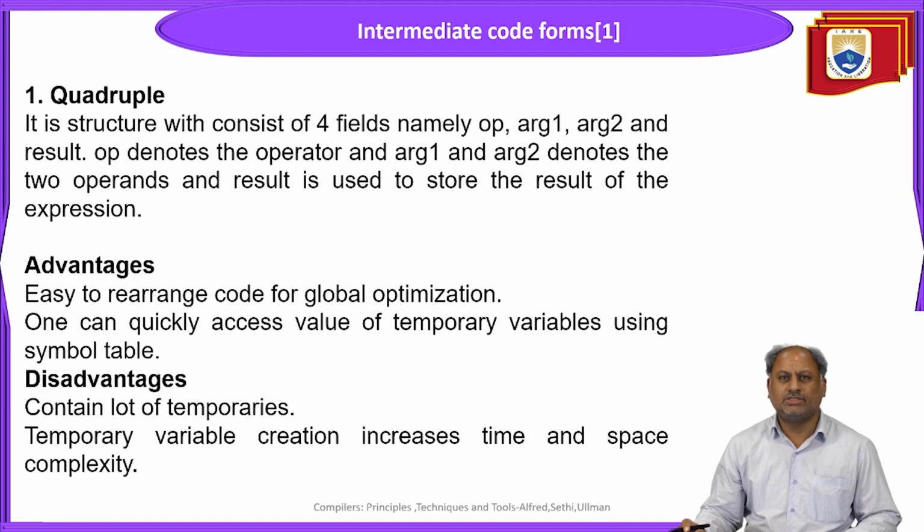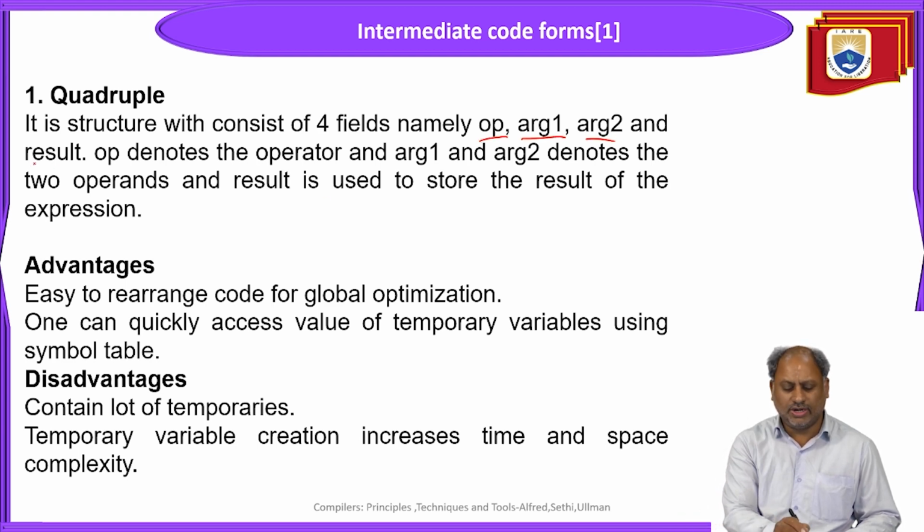Some of the advantages and disadvantages are related to this quadruple representation. We know that a quadruple representation contains four fields: operator, argument 1, argument 2 and result. The operator is performed between argument 1 and argument 2, whereas the result of the expression is stored. The first most important advantage is that it is easy to rearrange the code for global optimization.